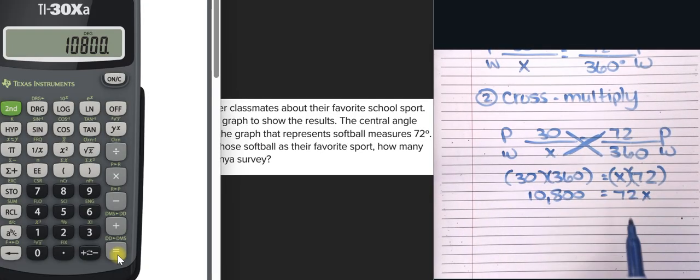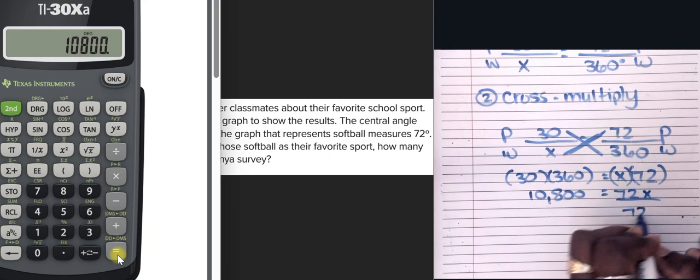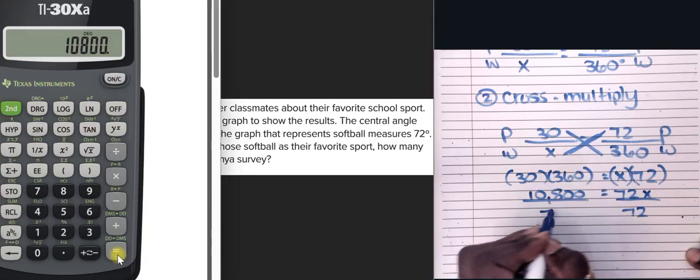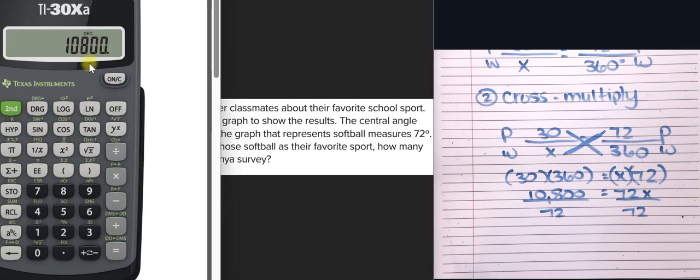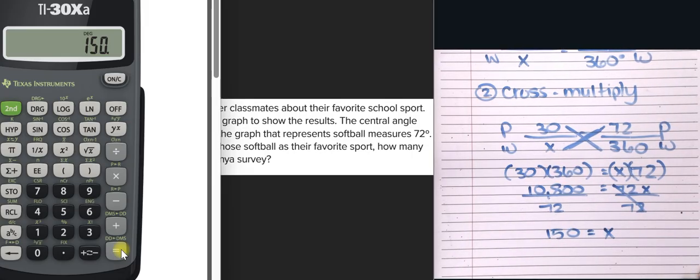I noticed that the variable is not isolated because we are multiplying, so I just need to use the inverse of multiplication, which is division. I'm going to divide both sides by 72. So we have 10,800 divided by 72, which gives me 150, is equal to 72 divided by 72, which gives me 1x. That means that x is equal to 150.